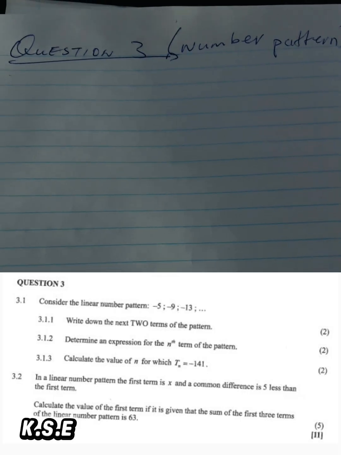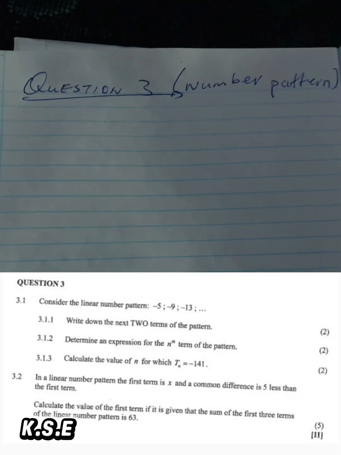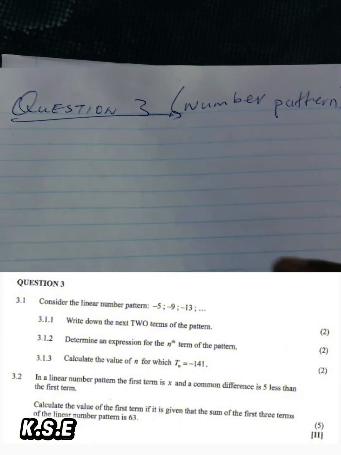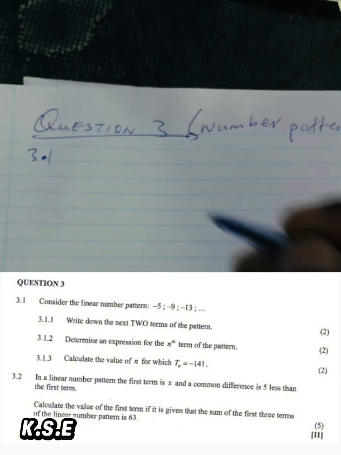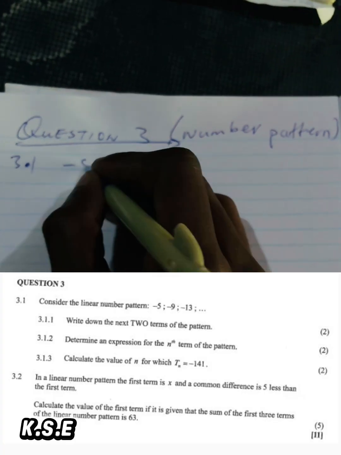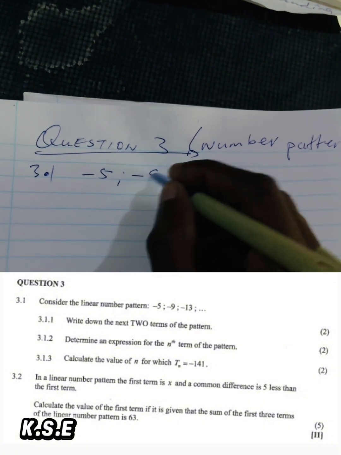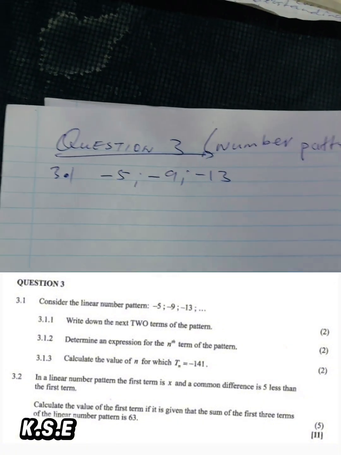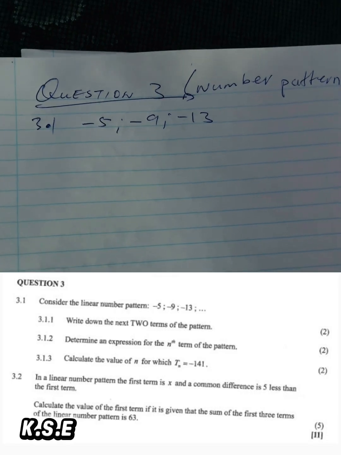The question which is given is question 3 from a previous paper, November papers actually, grade 11. So we have 3.1, where the pattern given is 5, -5, -9, and -13. The question is already there.